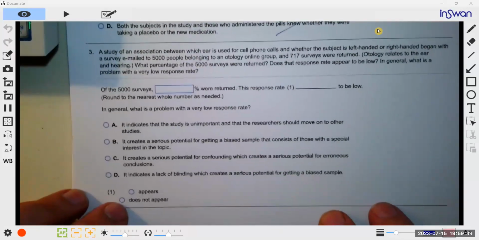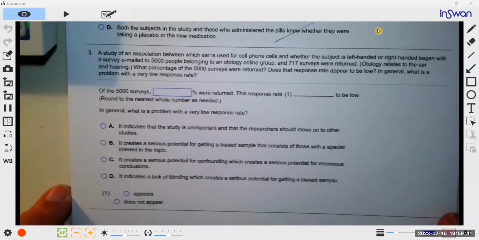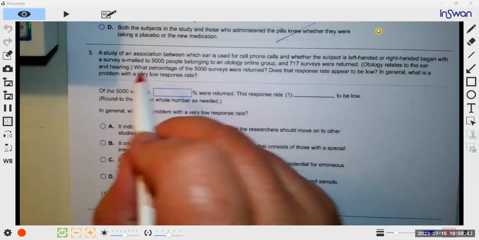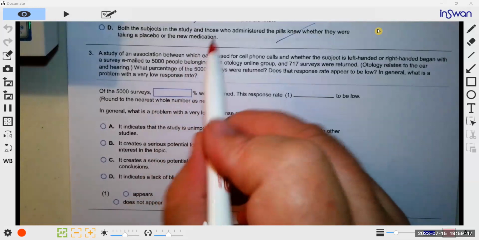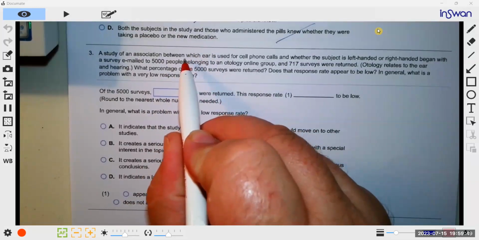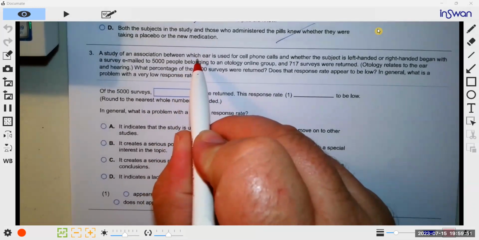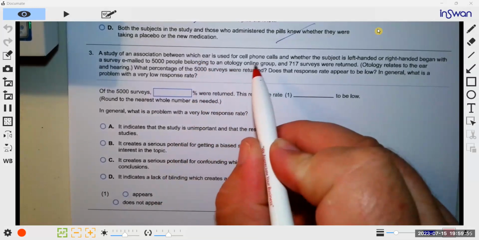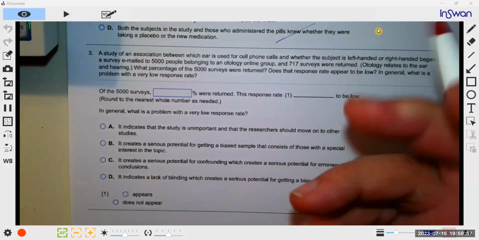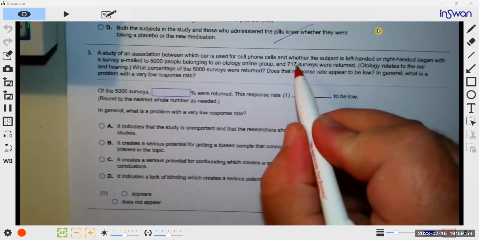Again, once you know the definitions, you know what you're looking for in these questions. A study of an association between which ear is used for cell phone calls. So when your phone rings, which ear do you put it to?